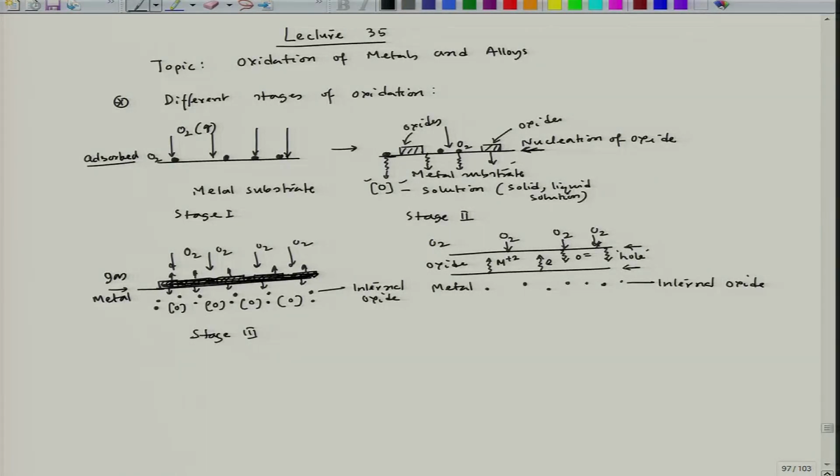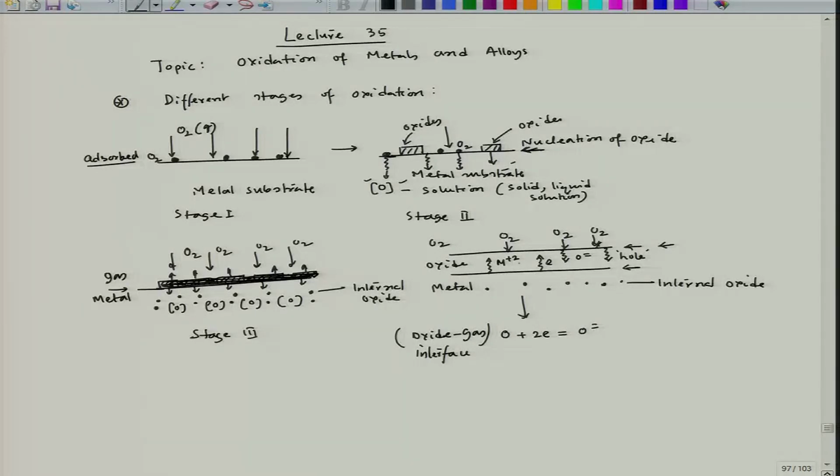Now, interestingly, if I try to analyze these processes, since through the metal oxide film I can have O2 minus ion transfer, that means at this oxide-gas interface, in order to form O2 minus, it must take 2 electrons.